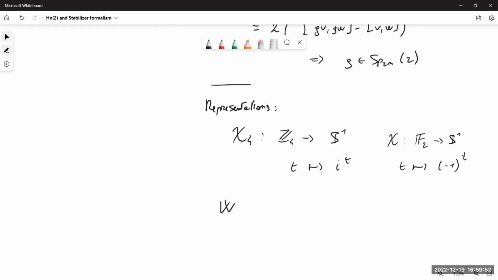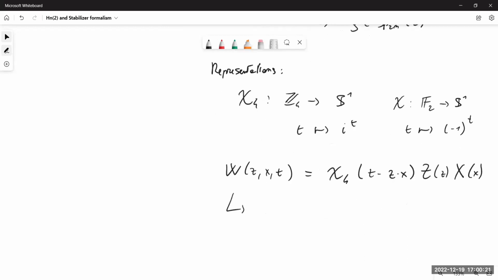And you define the Weyl operators, after doing the same polarization thing, as basically the character for Z4 of t, minus z times x, and then you have the Z operator and the X operator. And from this you obtain again the E-reps for the discrete phase space, just forgetting about the center, basically.